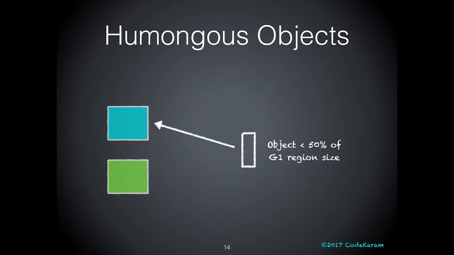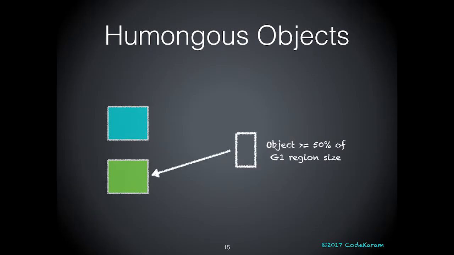The first one is less than 50% of the region size, so it's considered a normal object and will follow the normal allocation path, which is into the TLABs, fast path allocation. That is thread local allocation buffers, so they'll be allocating the normal objects into the Eden space. The second object is greater than or equal to 50% of G1 region size, so it'll be allocated out of the old generation into something known as a humongous region.